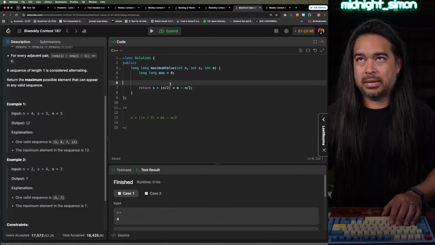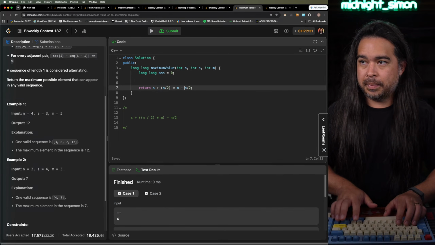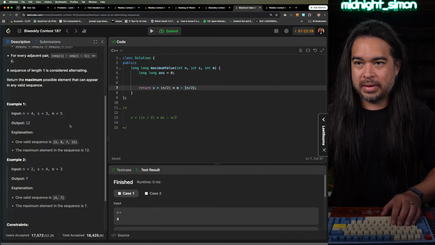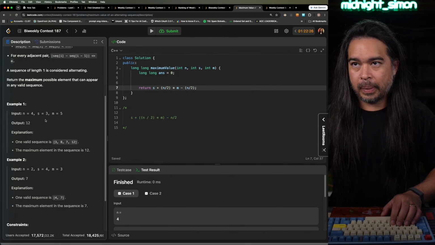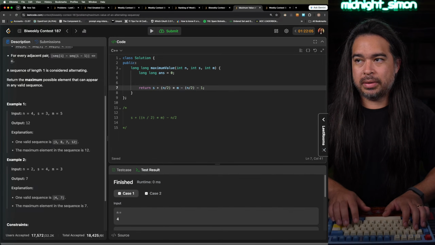So n divided by 2. Let me think. Why is that messing up? So I only want to subtract 3, 8. Alright, if this was n equals 3, what is minus 1?